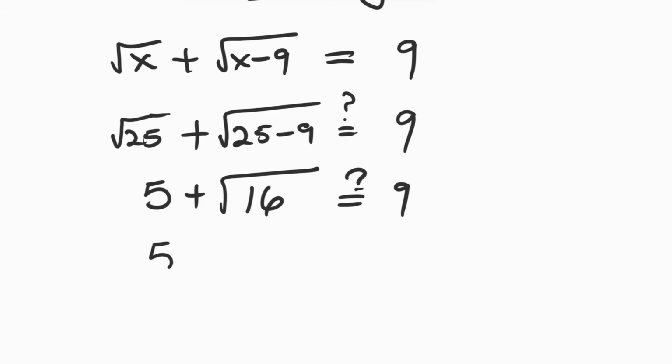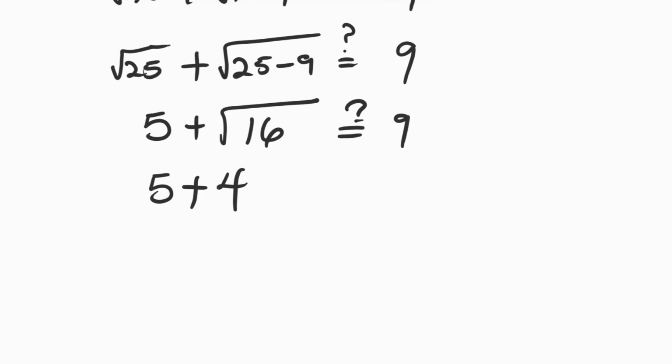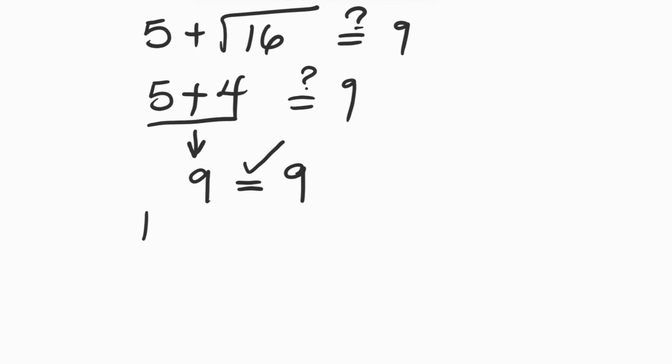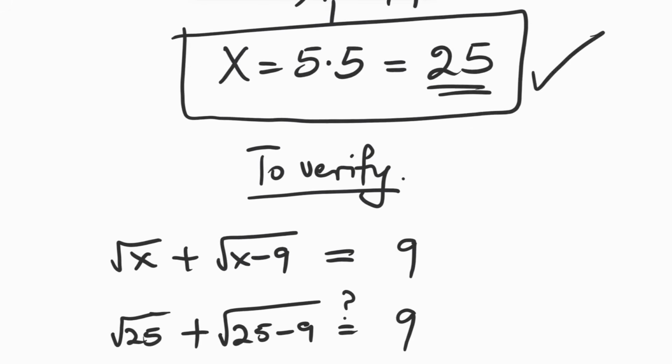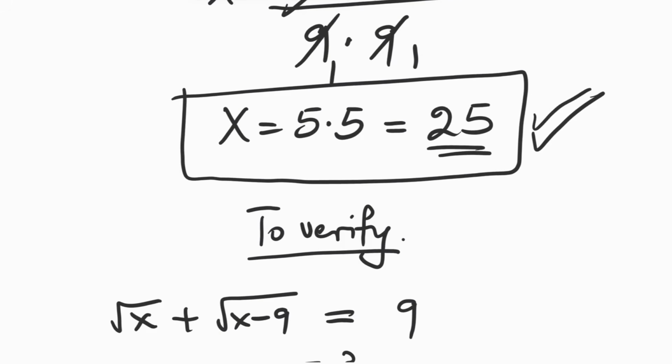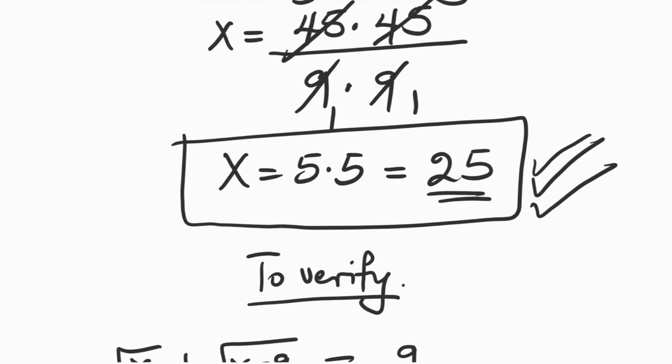So now we have 5 plus root of 16, which will give us 4. And now we know that 5 plus 4 is 9. Therefore we see that now our left hand side is equal to our right hand side. Therefore, this simply means that our value of x, which is 25, is the correct answer to this question.